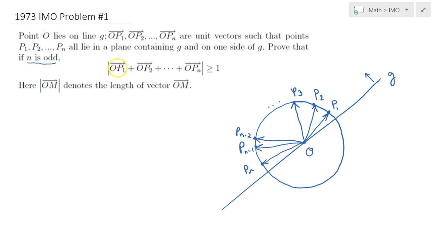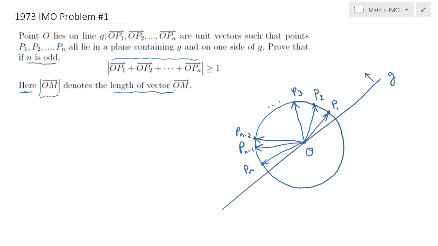So the resultant vector here, whatever it is, the size, the magnitude of that vector should be greater than or equal to 1. And as the notation here is clear, the absolute value of a vector simply represents the length of that vector.